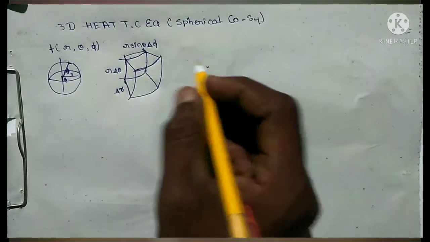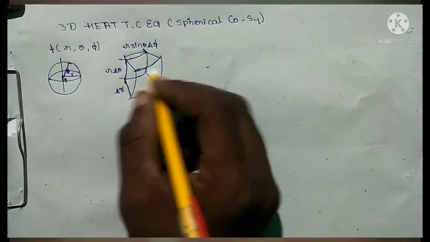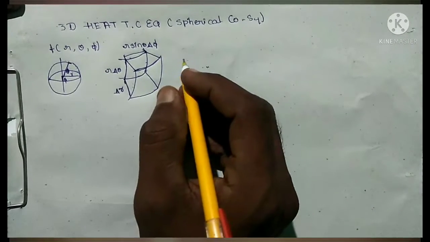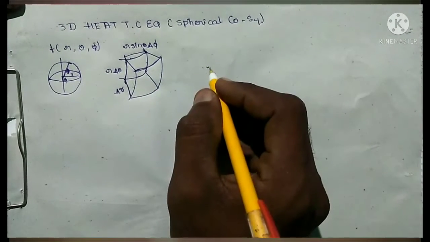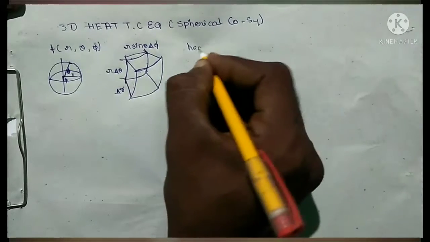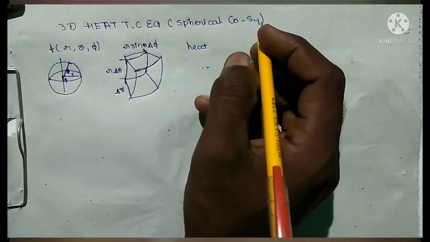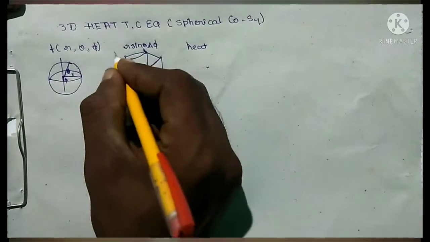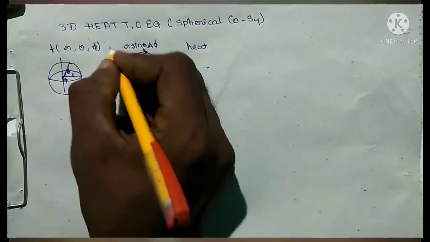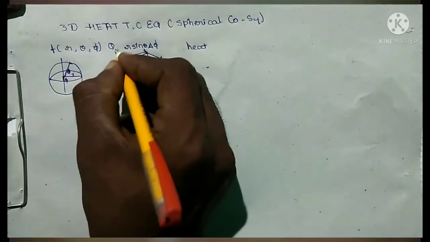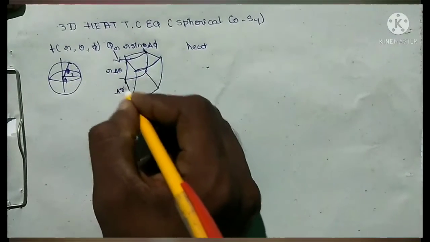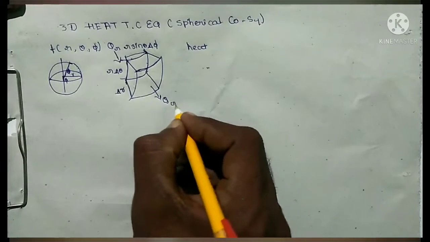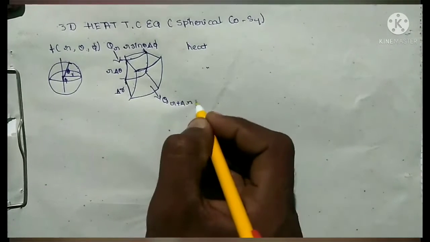Now, in order to derive this equation, we are going to consider three things. The first one is the heat flow. Heat flow will be in three directions: r, theta and phi. The first one is q r, the heat input along the radial distance, and q r plus delta r will be the heat output.